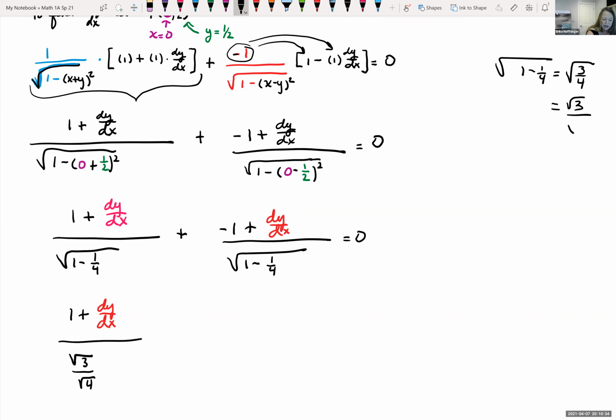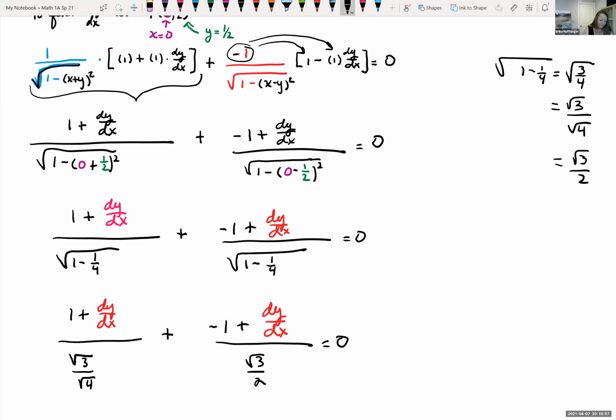Square root of 4 we know is 2. So when we write this other one, we have plus -1 plus dy dx all over the square root of 3 over 2 equals 0.